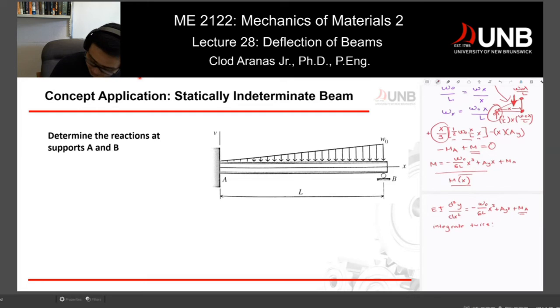You can double check the numbers at home, but I'll just write the first one, which is dy dx is equal to negative, so that becomes x raised to 4, over 24L, plus A y x squared plus now becomes M A x plus c1.